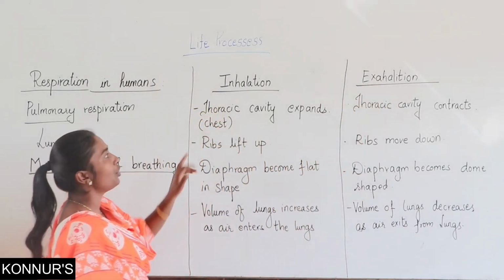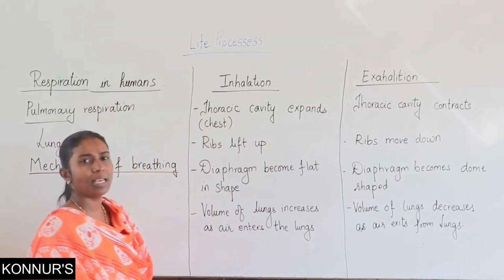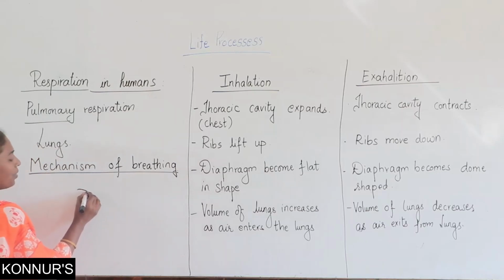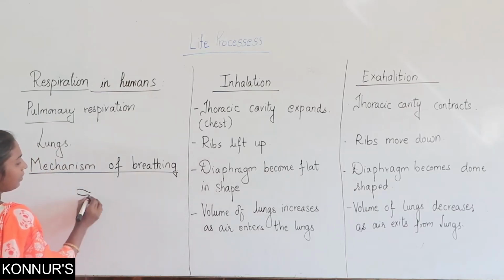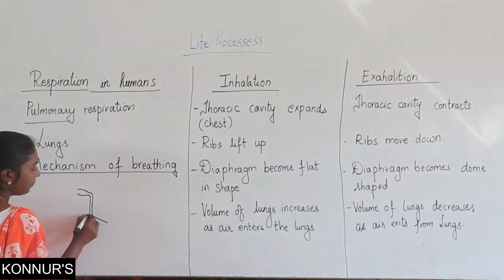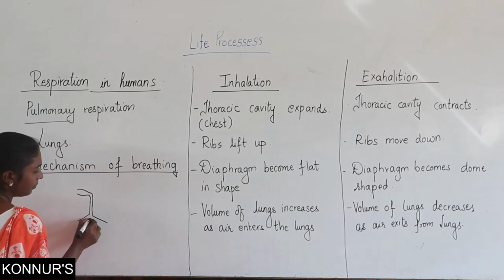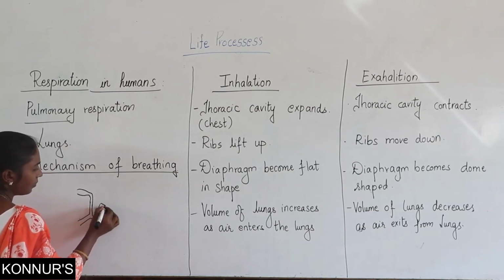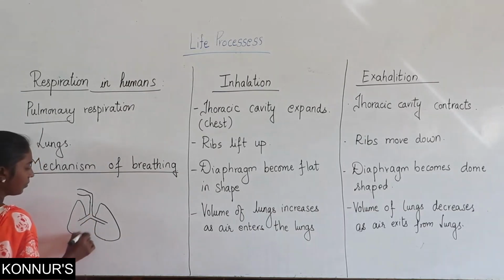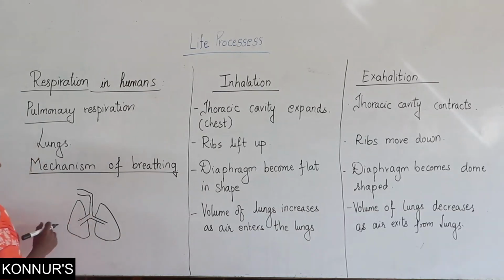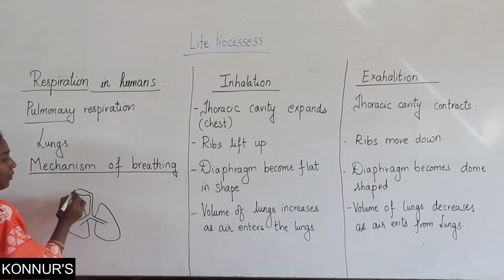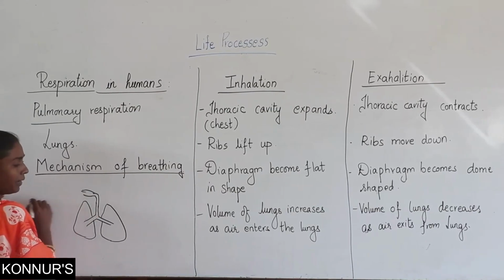Now in inhalation, thoracic cavity. Now you can ask me what is the thoracic cavity, the chest region. If you look at the human respiratory system, children, just a rough diagram. The respiratory system in humans consists of the nose, through which the air enters.